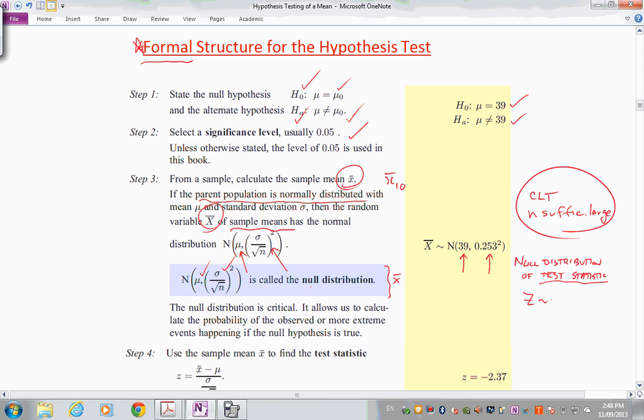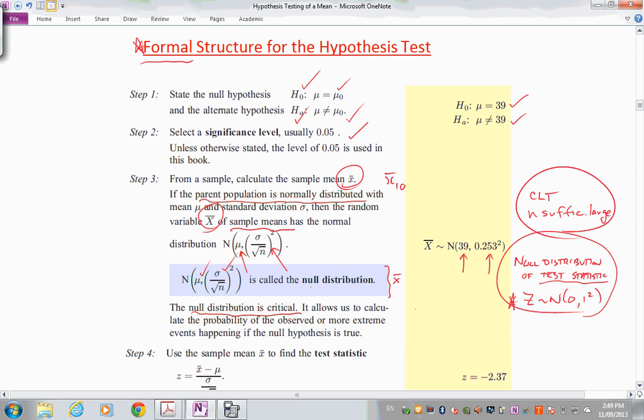Z. And Z is normally distributed with a mean of 0, standard deviation of 1. So it's 1 squared there. So watch out for that. Have they asked for the null distribution of the sample means? They might not say the sample means. Or have they asked for the distribution of the test statistic, which of course is the Z test? It's the Z distribution.